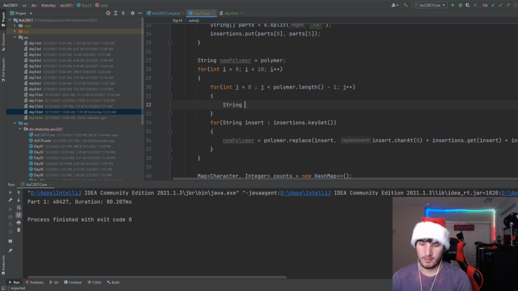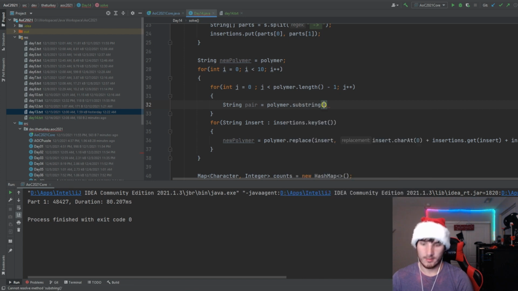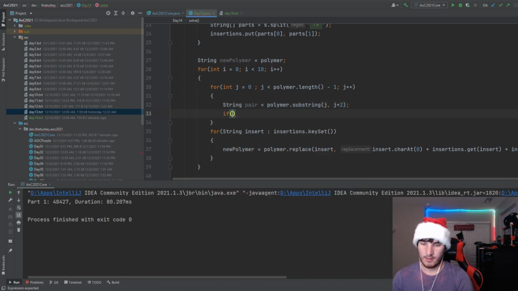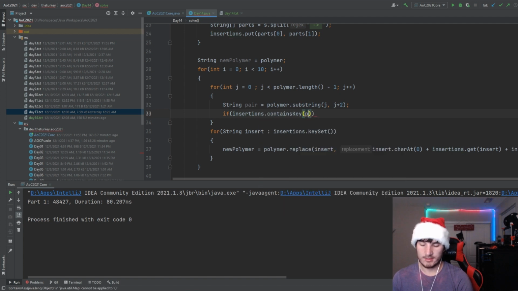Let's call this pair equals polymer substring j to j plus 2. So that gives us 2. And then we can just do a check if the insertions contains this pair.